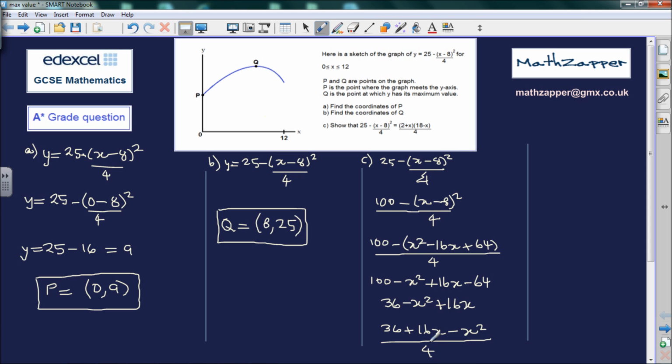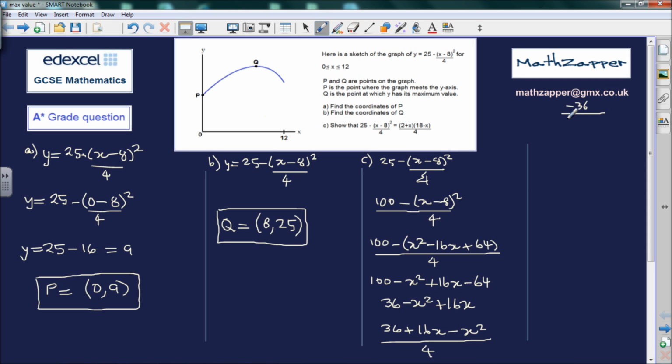Now at this point we need to be trying to factorize the numerator of this fraction, and we do that by multiplying the coefficient of x squared by the constant. So minus 1 multiplied by 36 gives us minus 36, and we need to find all the factors of minus 36 that will add together to give us plus 16.